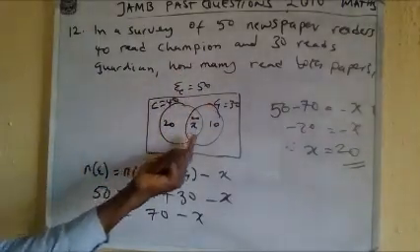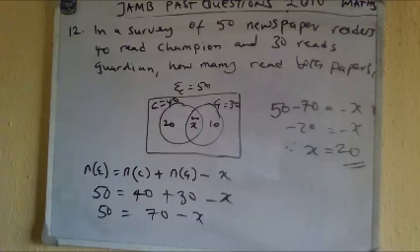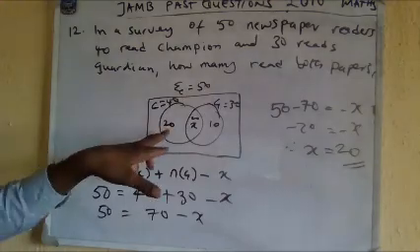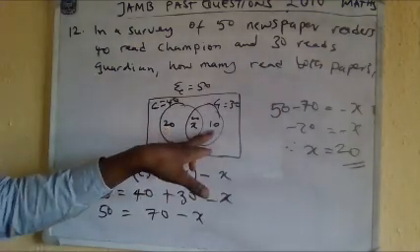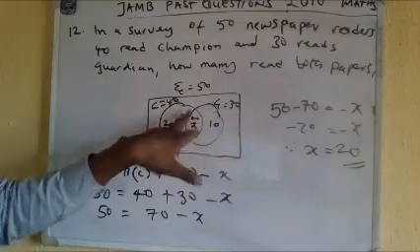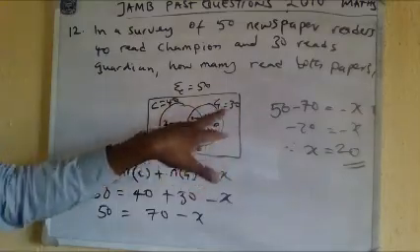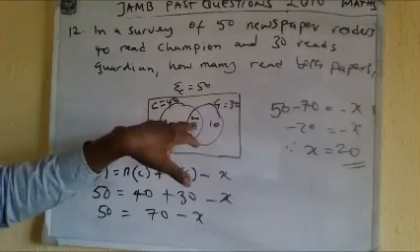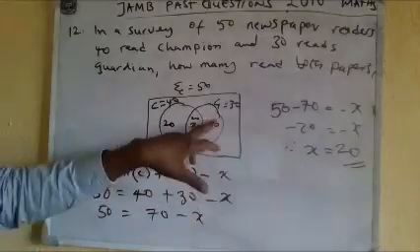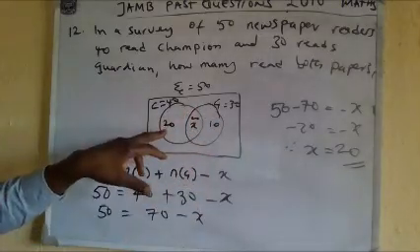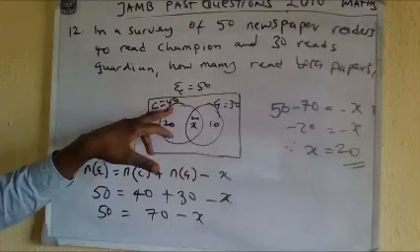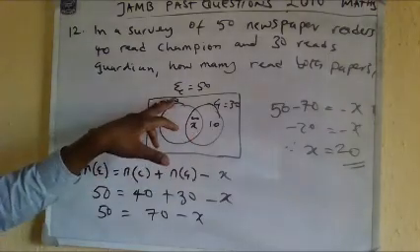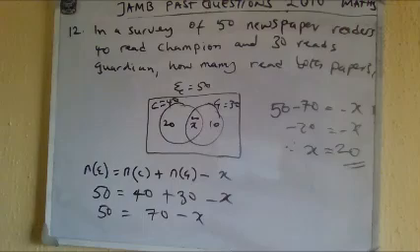The answer is actually 20, but if the question went further to say, find those that read only Guardian, you just subtract the intersection from 30 to get 10. And for the other one, you subtract the intersection from 40 to get 20. So this is how we go about with sets.